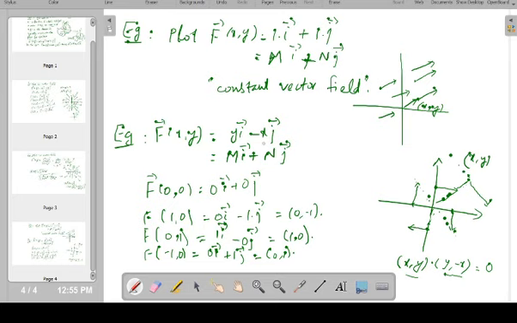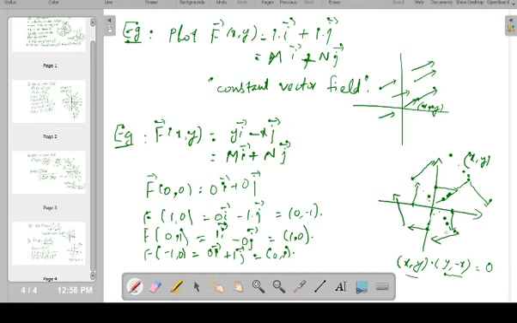Both magnitudes are equal to square root of x square plus y square. Similarly, at this point you can plot, so it will be like this. At this point it is like this.